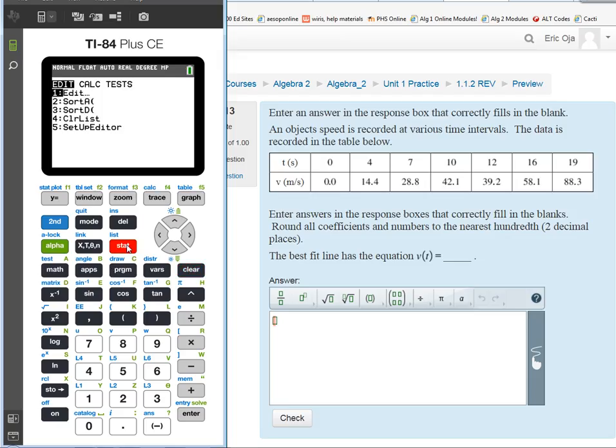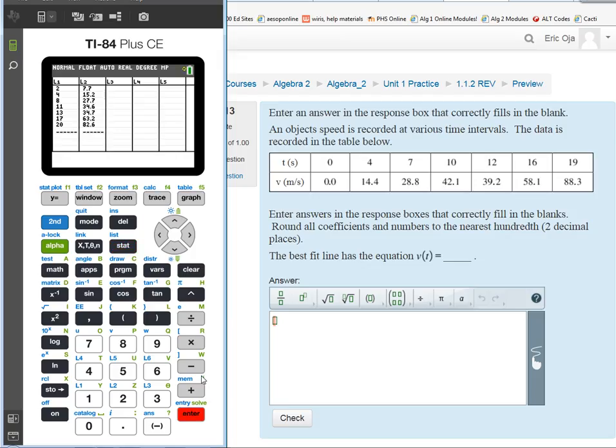I go to the stat screen, and I hit enter for edit, and there we go. The x values go in column 1, so I got 0, 4, 7, 10. I'm not going to change the y values, I'll leave those just the way they are.